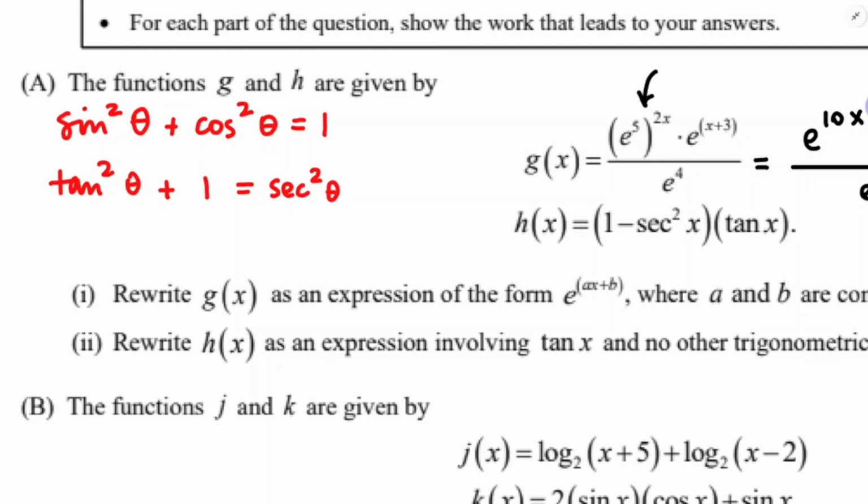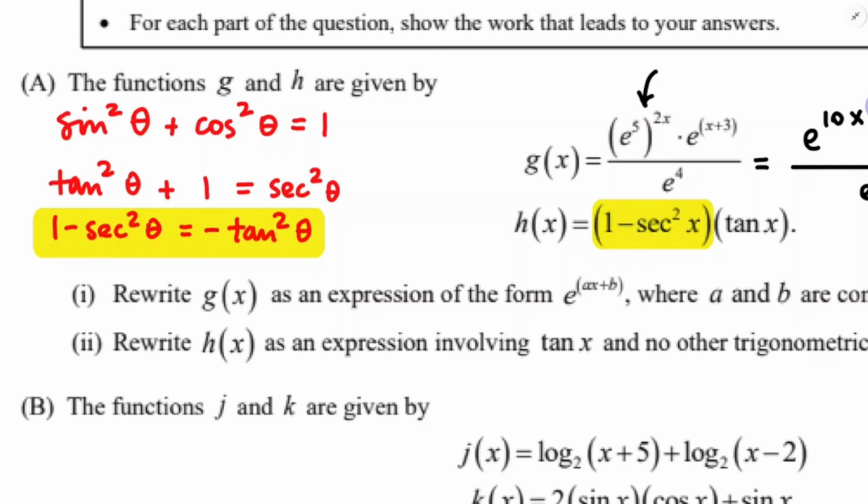Okay, now if I want 1 minus secant squared theta, I'm going to be subtracting a secant squared theta from both sides and a tangent squared theta from both sides. Okay, and that's what I'm going to be substituting on. I'm going to be using this identity right here on this piece of h.